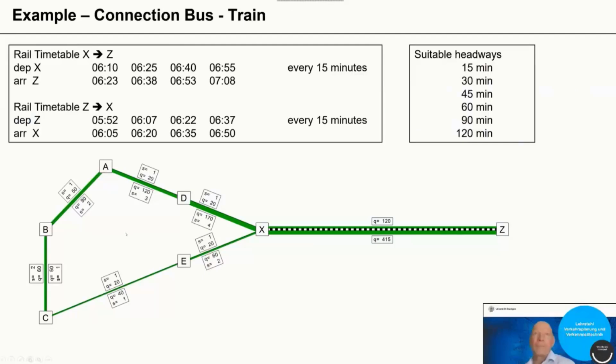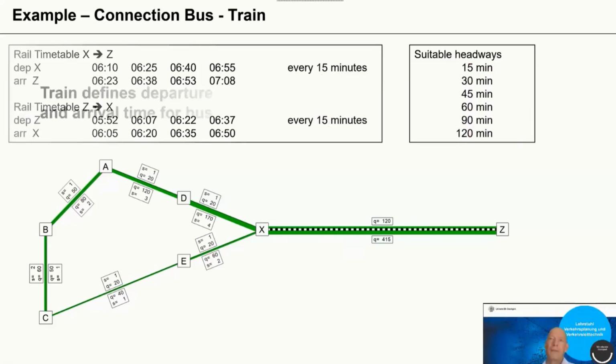Now, the next thing, especially in rural areas, you think of a suitable system headway. As the S-Bahn runs every 15 minutes, those are suitable headways. We just talked about that.